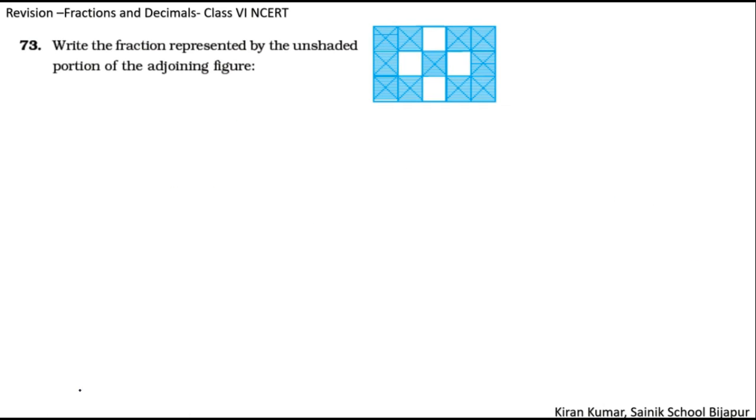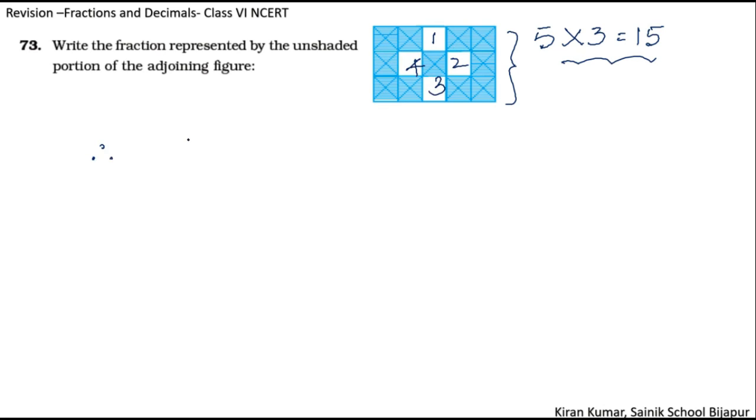Question 73. Write the fraction represented by the unshaded portion in the adjoining figure. Here when we count 1, 2, 3, 4, 5, so in one row there is 5, in that 3 rows are there, totally 15 parts. Out of these 15 parts, the unshaded ones are 4.